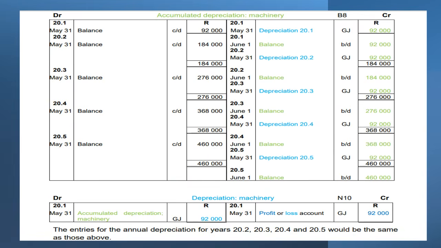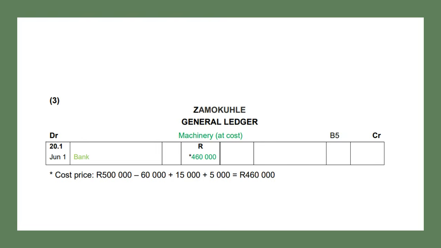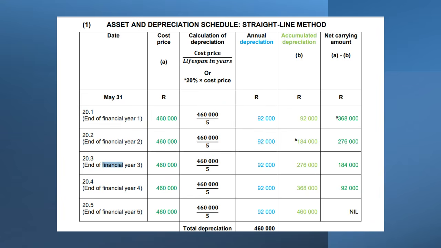Number 2, you are also required to prepare what? Your accumulated depreciation on machinery. Remember that we've already, let me go back a bit. We are looking at column B here, accumulated depreciation. The first year we had 92, it grew to 184, it went to 276, it went to 368, until it reached 460,000.